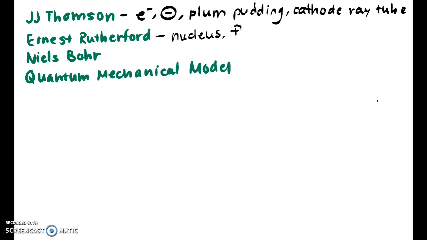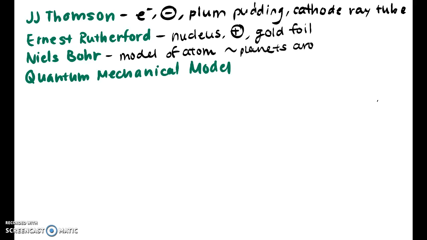He knew that it had a positive charge, and he discovered this through the gold foil experiment. Niels Bohr came up with his model of the atom that is very similar to planets around the sun, where electrons move in orbits. They're attracted to the nucleus, but electrons don't fall into the nucleus directly. They have their own energy, so they're able to stay in their orbits.